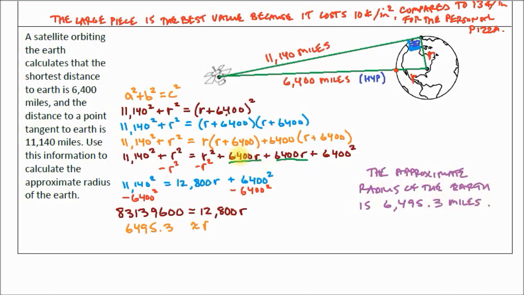So if you look through these steps again, class, start with the Pythagorean theorem. Here's our crazy part. Our c is equal to these two numbers, r and 6,400 added together. I just went through the steps. I distributed two binomials, combined like terms, got rid of r squared because it was on both sides of the equation, subtracted 6,400 squared from 11,140 squared, and then this big number, all we had to do was divide both sides by 12,800.